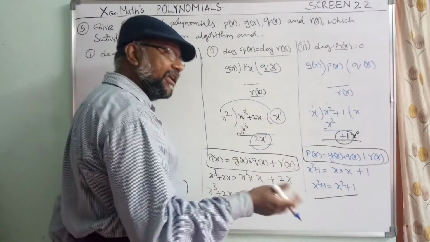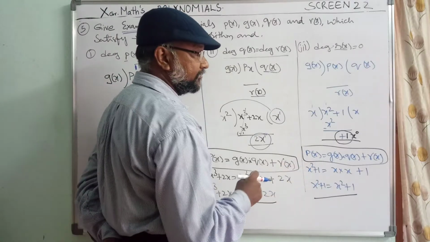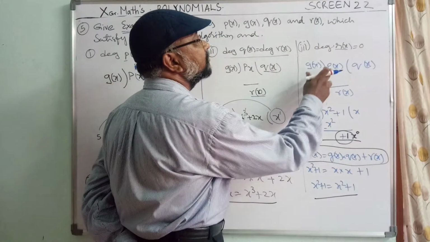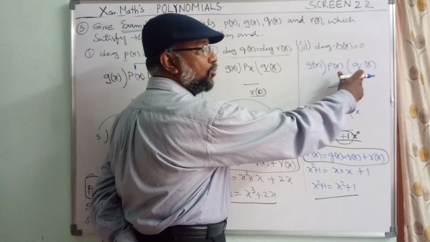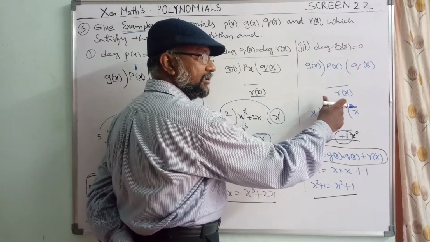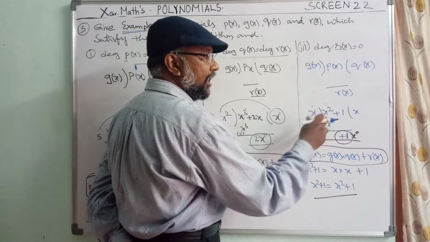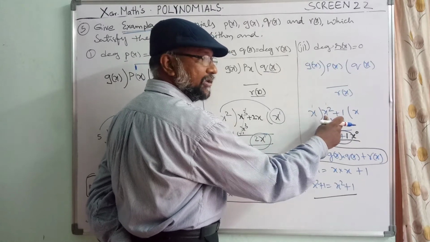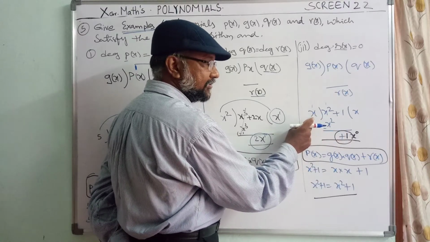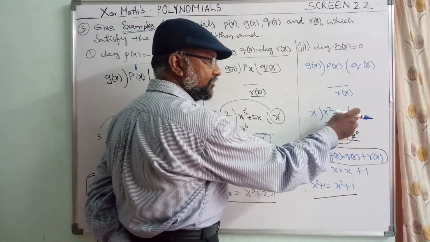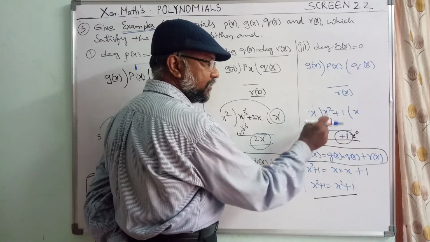Now, we have to choose that type of examples so that the degree of the remainder r of x must be 0. The degree of the remainder, not the remainder. So p of x, g of x divisor and q of x quotient, r of x remainder. So I am going to choose x square plus 1 as dividend and x as divisor, so that I can cancel x square.